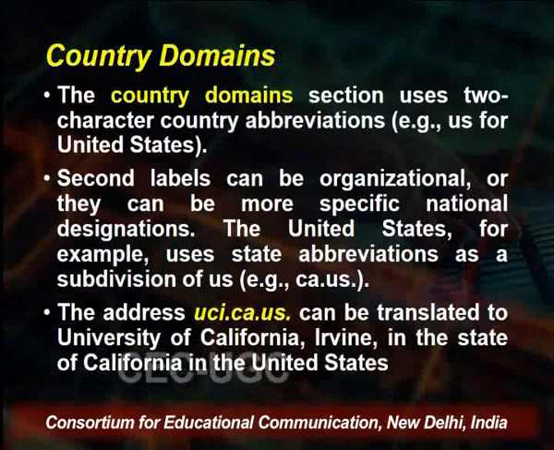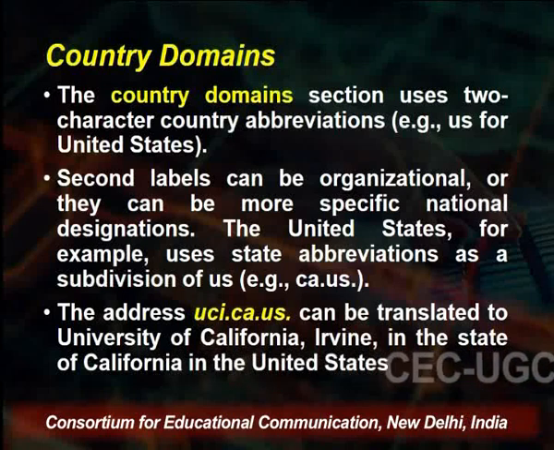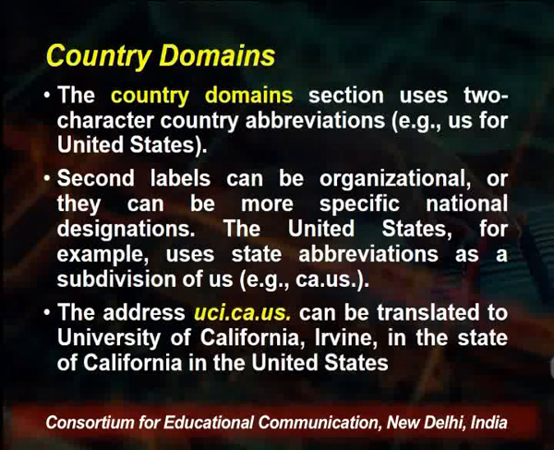So, say for example, subdivision California, so they will write .ca.us. This means that CA is a subdivision of the country domain. If we look at an address, say for example, uci.ca.us, right.